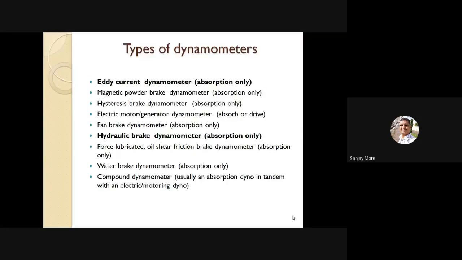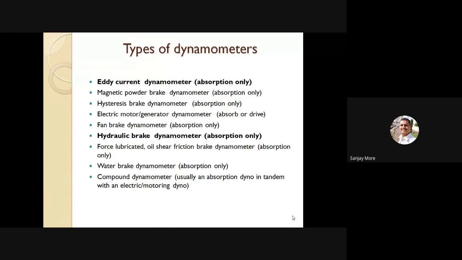Then next, types of dynamometer. Give the heading types of dynamometers. In that, first, eddy current dynamometer.